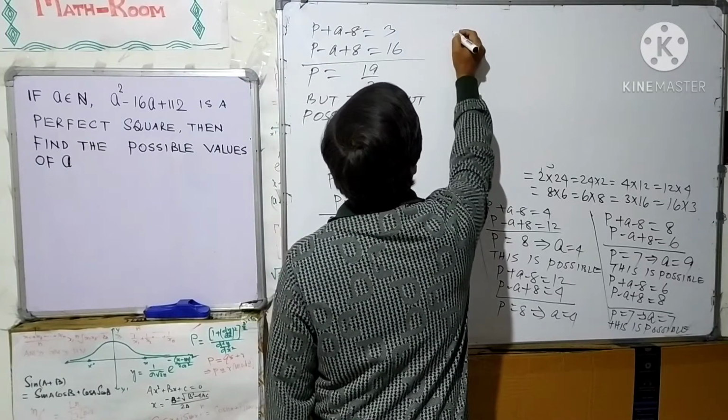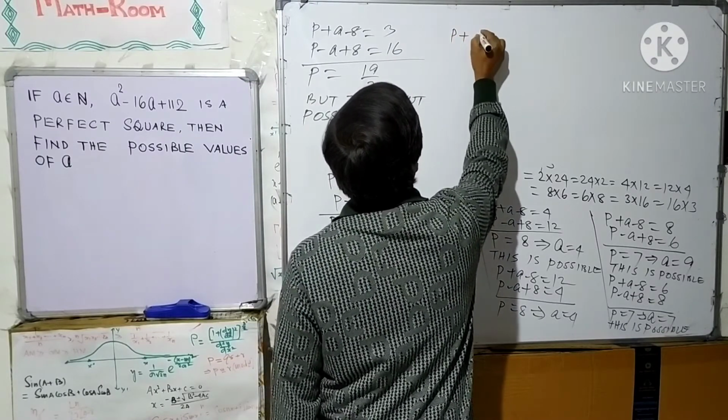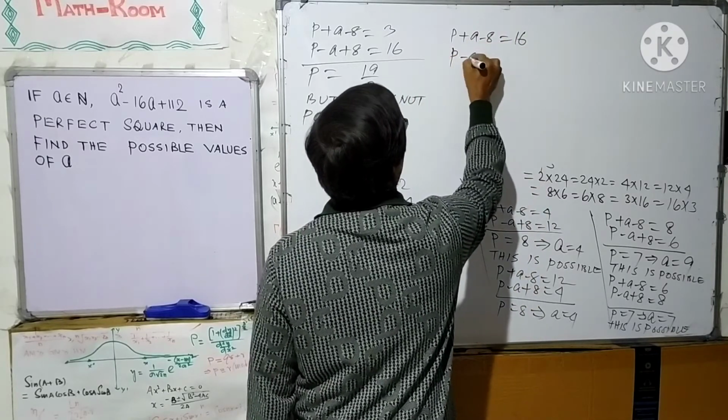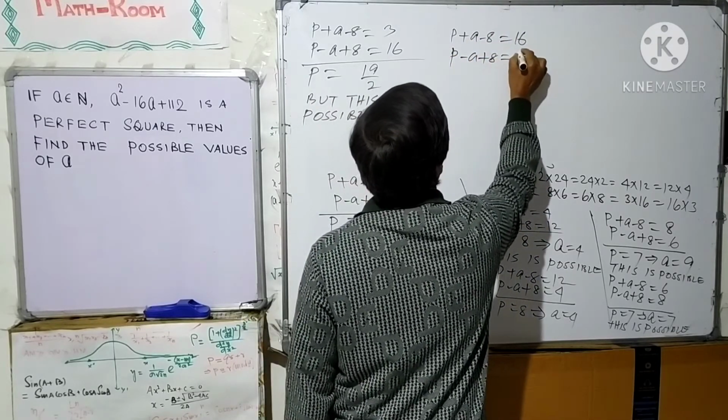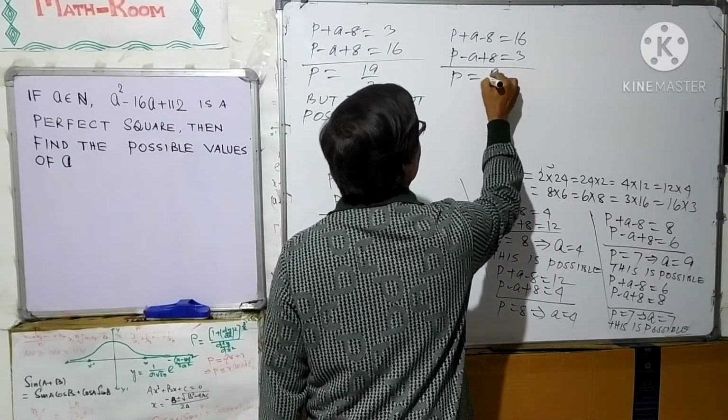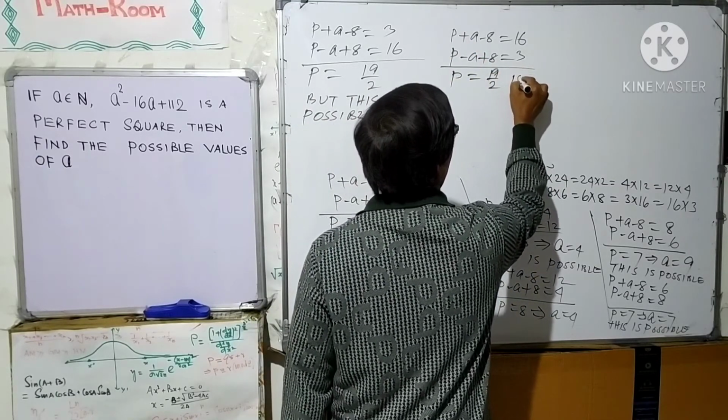Again, if we choose p plus a minus 8 equal to 16 and p minus a plus 8 equal to 3, here we also get p equal to 19 over 2, which is not possible.